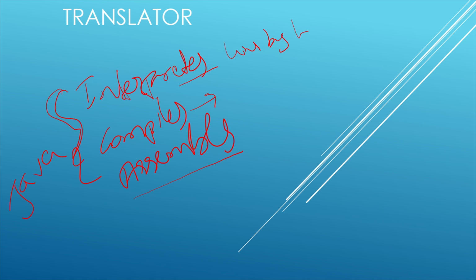We write instructions within the computer program, and in order to write a computer program, we need a programming language like C, C++, Java. And our computer, that is the CPU, doesn't understand any programming language instructions. It understands only binary language, that is zeros and ones. So we need to translate the source code, the instructions that we have written in C, C++, Java, or any programming language, into zeros and ones. For that, we need a translator, right?